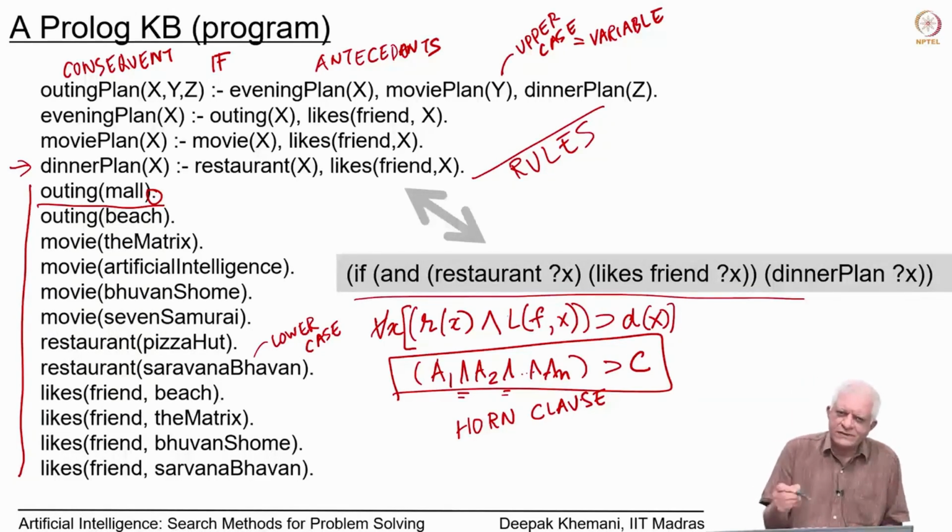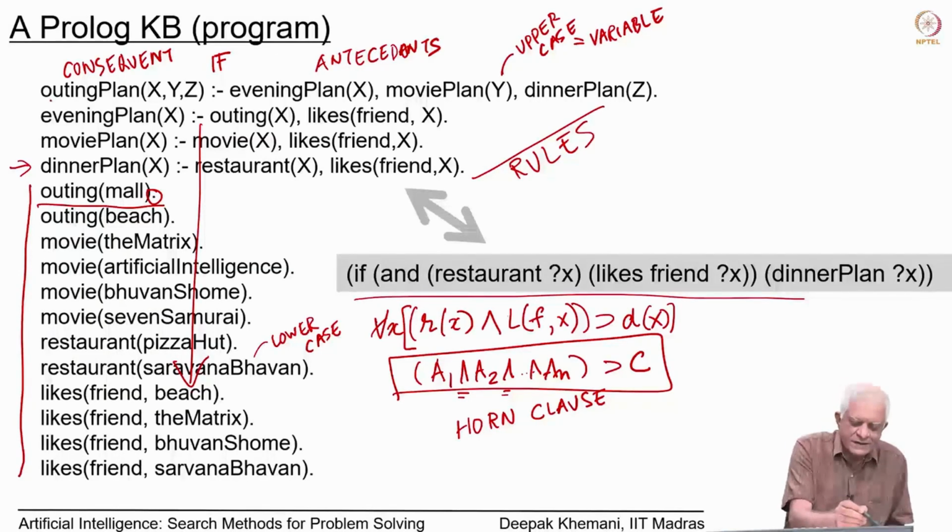Which is also a rationale for writing the consequent followed by the antecedent, because you are going down this list here and trying to ask this question: is this true, is this true, is this true, and so on essentially. So, the way Prolog does depth first search is that it starts by asking a question, that is there an outing plan x, y, z, where x is an evening plan and so on and so forth.